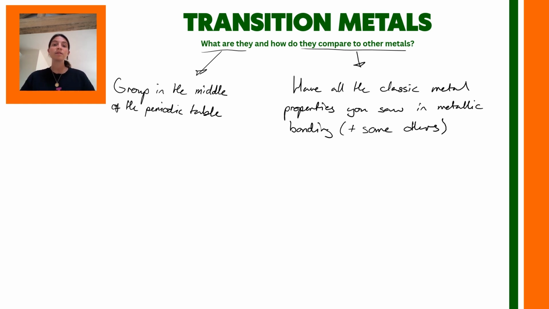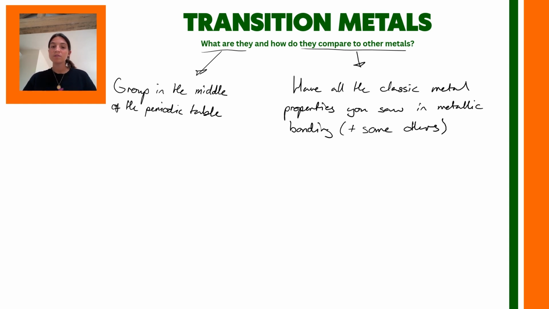The classic ones that apply to other metals are being good electrical and thermal conductors because of those delocalized electrons that move through this positive ion structure, being malleable and ductile as those layers of positive ions can slide over each other, and having high melting and boiling points. Strong metallic bonding takes a lot of energy to overcome.